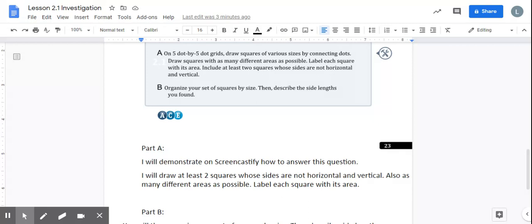Then we go over here to our next unit, and I'm going to go back maybe to my drawing here.